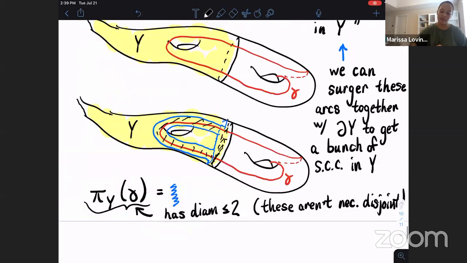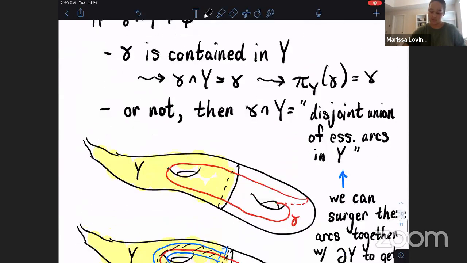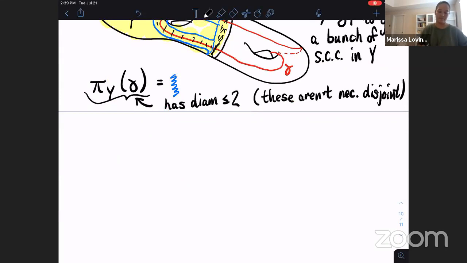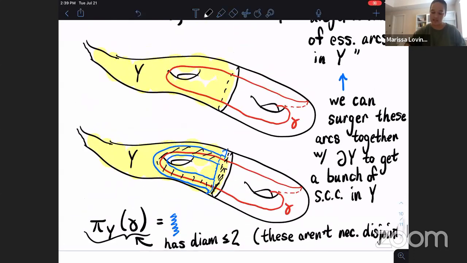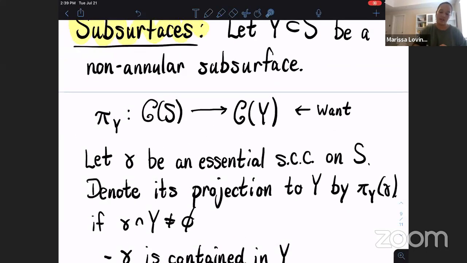So really this projection map that I'm defining is not exactly a map, it's a coarse map. We're sending a curve to a bounded diameter set in Y, and you could make an arbitrary choice of curve in Y to make it an actual on-the-nose map, but all the stuff we're doing is up to some fuzzing. It's all up to quasi-isometry. So we don't mind that it's just a coarse map.